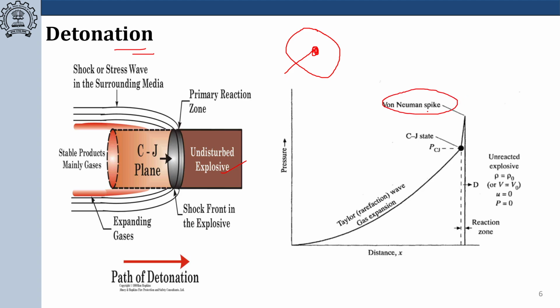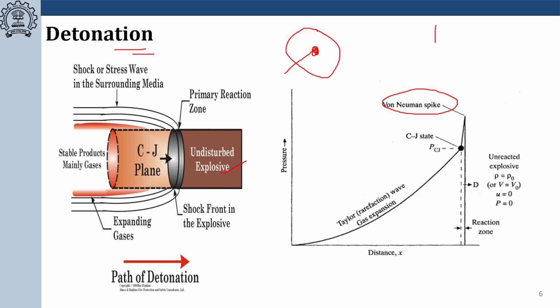That is where the initiation of the reaction occurs. Till that time the explosive is unreacted, but as soon as we induce the infinitesimally small shock, the von Neumann spike is observed, and the reaction starts.